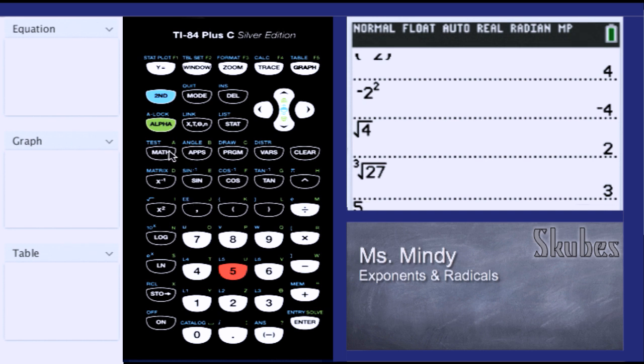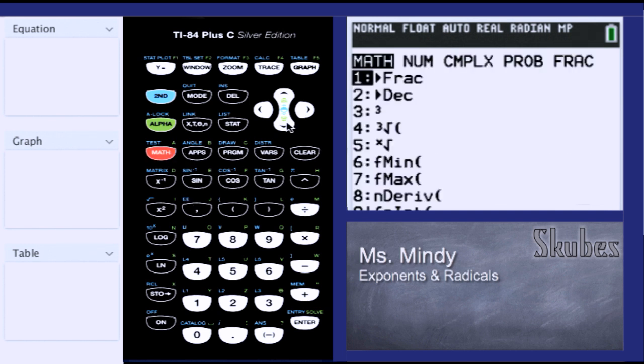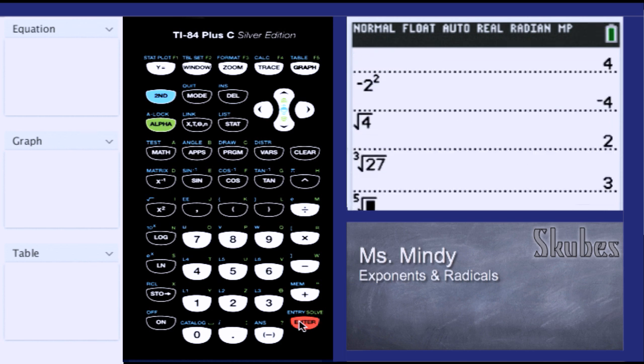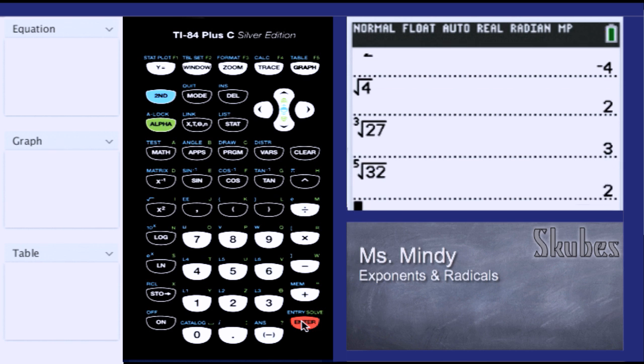Then you press the math button. Then you scroll down to the fifth choice, which is the x root. Once you choose that, press enter. Notice that now the index is up on this little ledge. It does look like the fifth root. Let's take the fifth root of 32. So I'm going to type in 32 and press enter. And there we have it. That concludes your lesson on exponents and radicals using the graphing calculator.